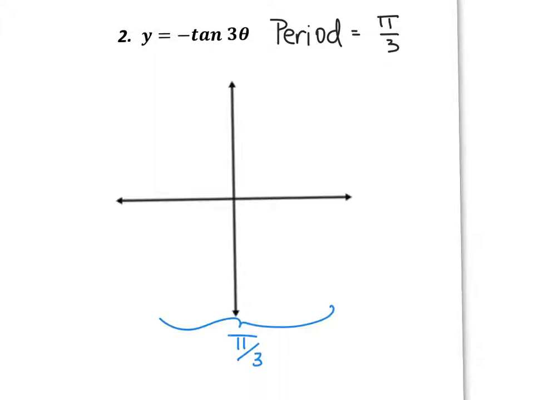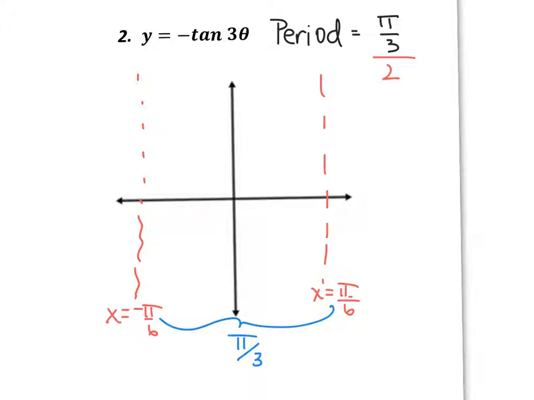So I need to take this period length of pi over 3, and I need to cut it in half. So what is half of pi over 3? Pi over 6. So that tells me that I now have an asymptote occurring at x equal to pi over 6, and an asymptote on the other side occurring at x equal to negative pi over 6 because of our symmetry.